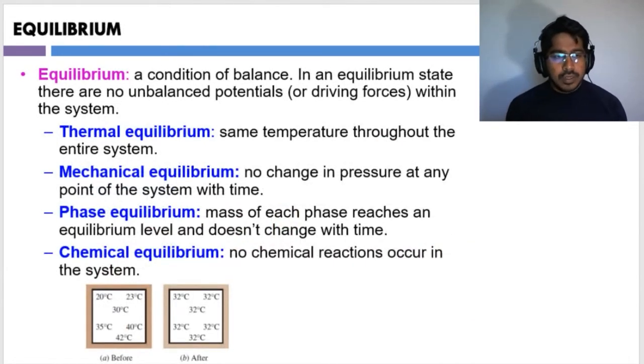Okay. So equilibrium. This is another important aspect of the course. Equilibrium is a condition of balance. In an equilibrium state, there are no unbalanced potentials or driving forces within the system.